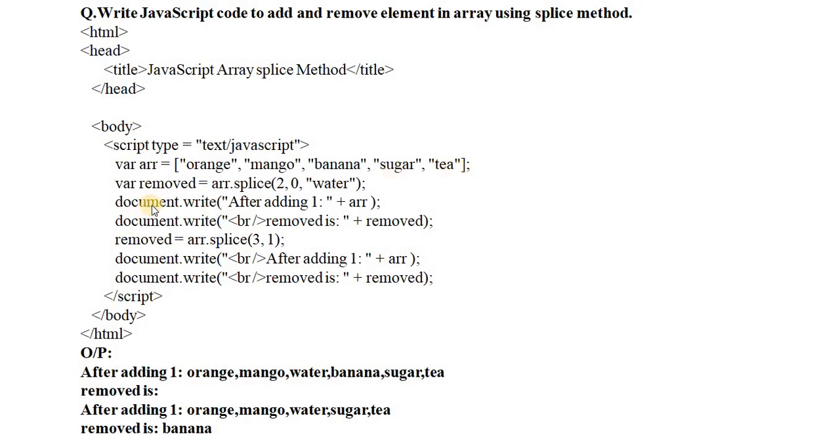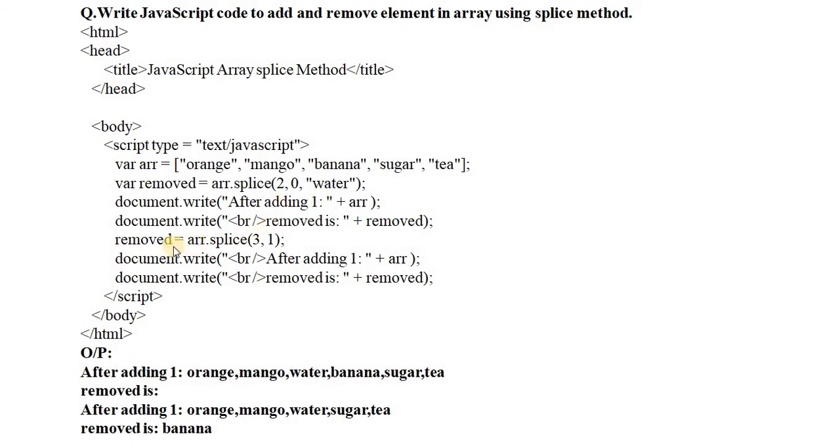After that we write by using the write method. After adding, we display the array on a web page. We also write the removed elements and display them on a web page by using the write method.